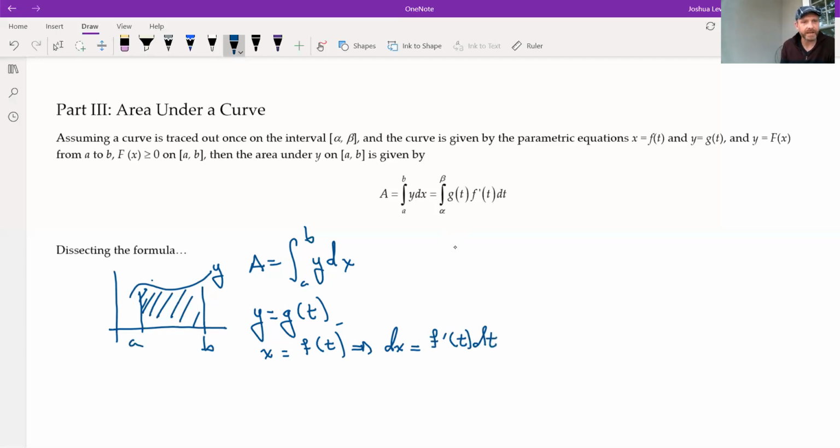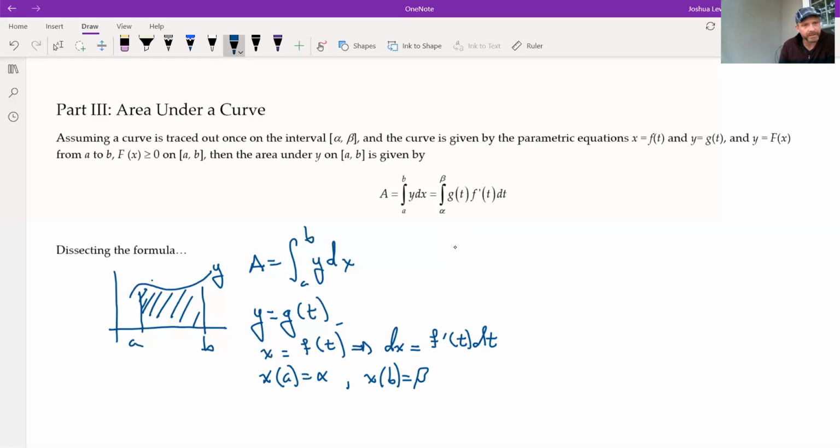So you essentially have this change of variable, right? And we also know that x of a is going to be alpha, and x of b would be some beta. These are t values.